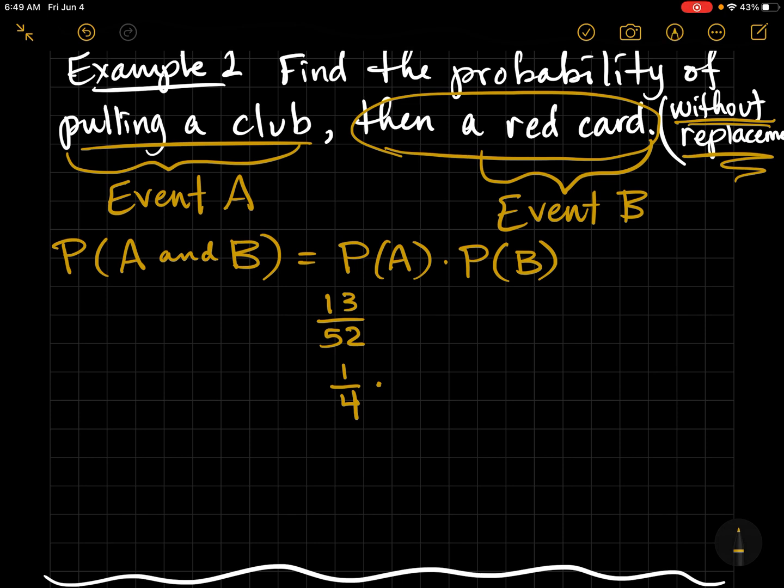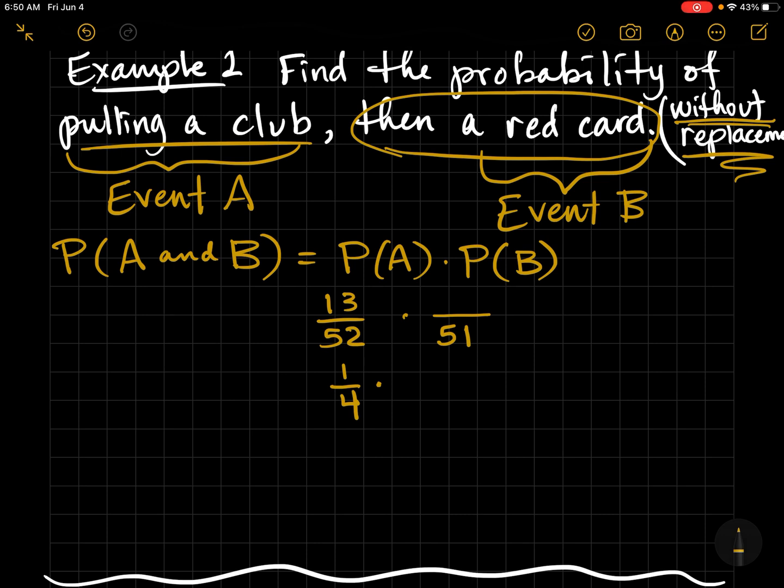Now it says without replacement. So now B is affected by what happened with A. So we no longer have 52 cards in the deck because we took one out. So there's 51 cards left in the deck.